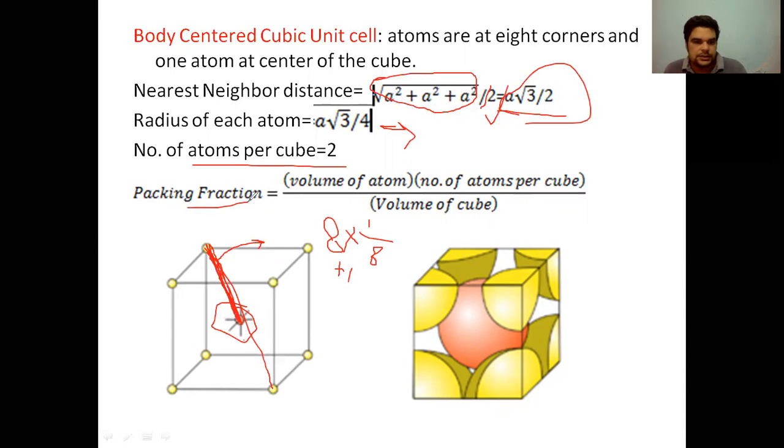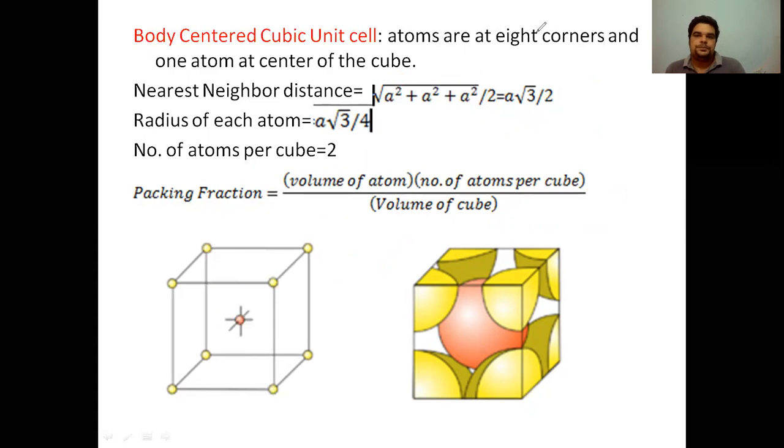The packing fraction will be the volume of one atom divided by the volume of the cube, multiplied by the number of atoms per cube. By using this formula, we can find the packing fraction, and in terms of percentage as well.